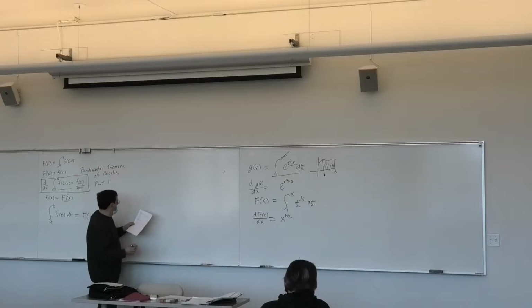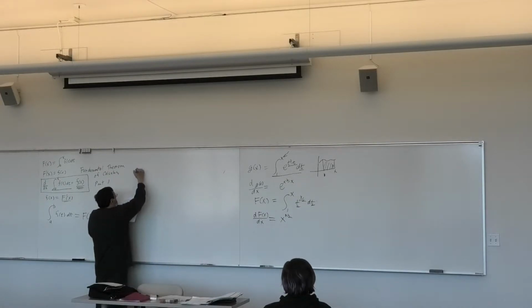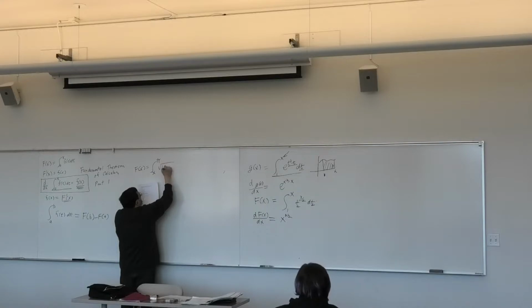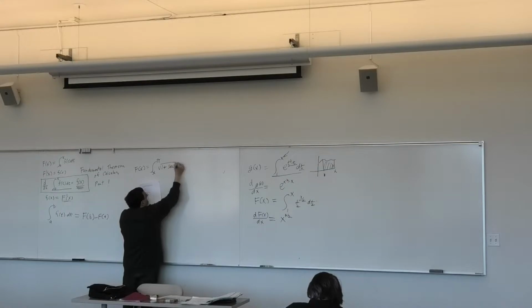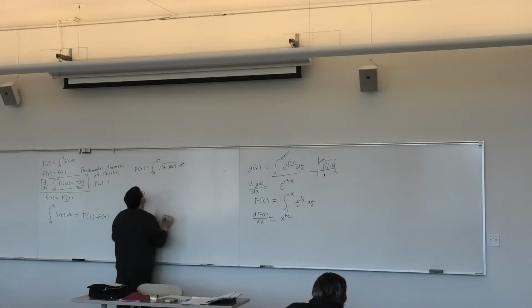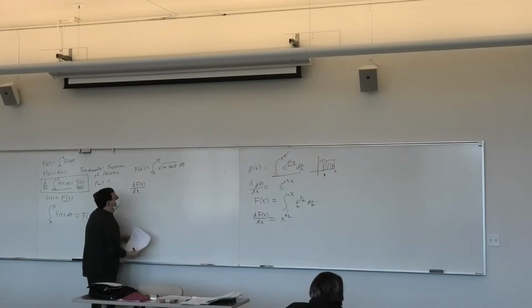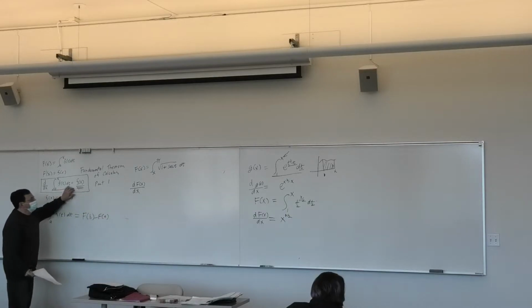There's a few more of these I want to show you in case they come up. Some function which is the integral from x to pi, the square root of 1 plus secant of t dt. Now I want to know what its derivative is. Oh, this is a little different. Doesn't look quite the same.